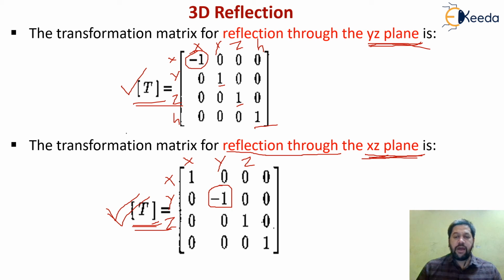We have considered an example of how the three-dimensional object will look after reflection through the xy plane, which we have seen with the help of a diagram. Also in today's session we have seen three-dimensional scaling and its transformation matrix, with 3D scaling factors sx, sy and sz.